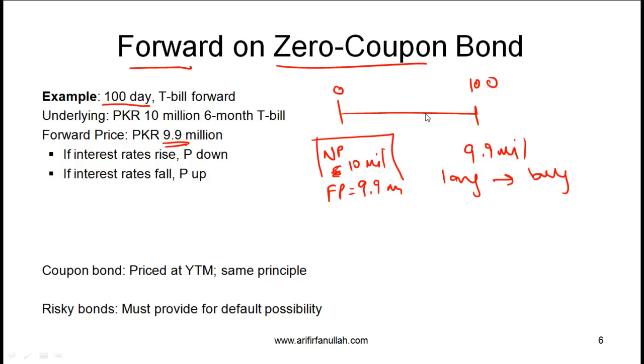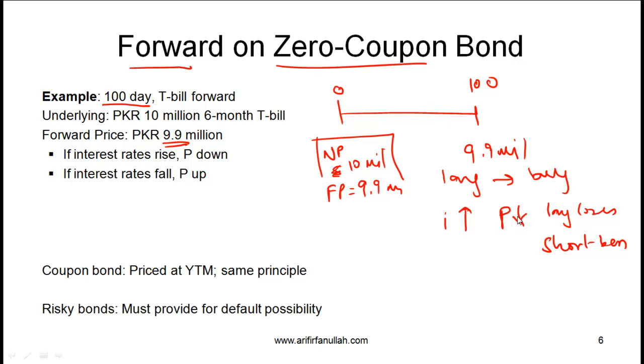If during this period interest rates go up, then the price of the bond will go down. So if the price of the bond goes down, then the long loses and the short benefits.